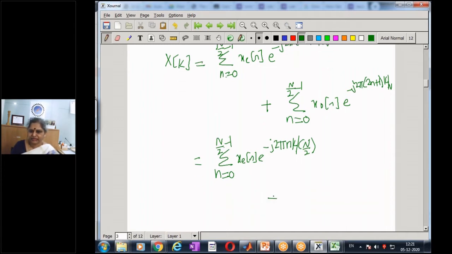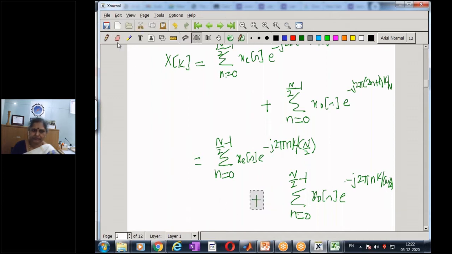Plus this term, sigma n equal to 0 to again N by 2 minus 1 x odd of n e to the power of minus j 2 pi nk divided by N by 2, and I have a term that is remaining, which can be recognized as e to the power of minus j 2 pi k by N. The other term is taken care of here.